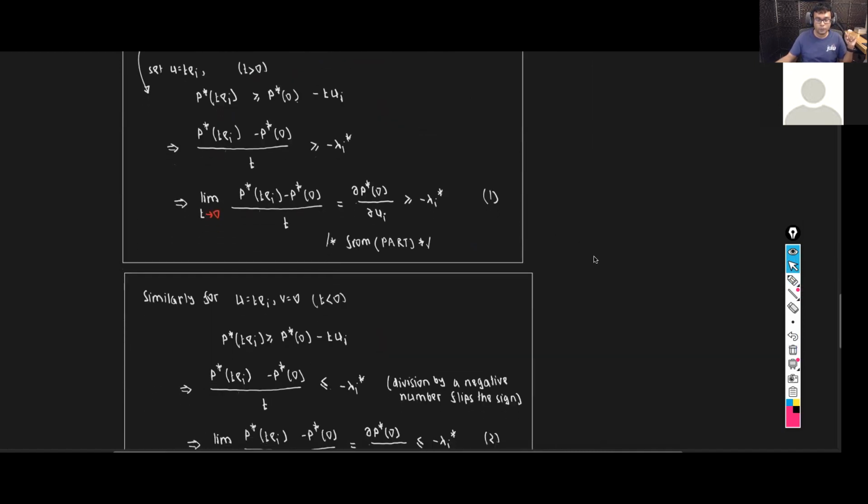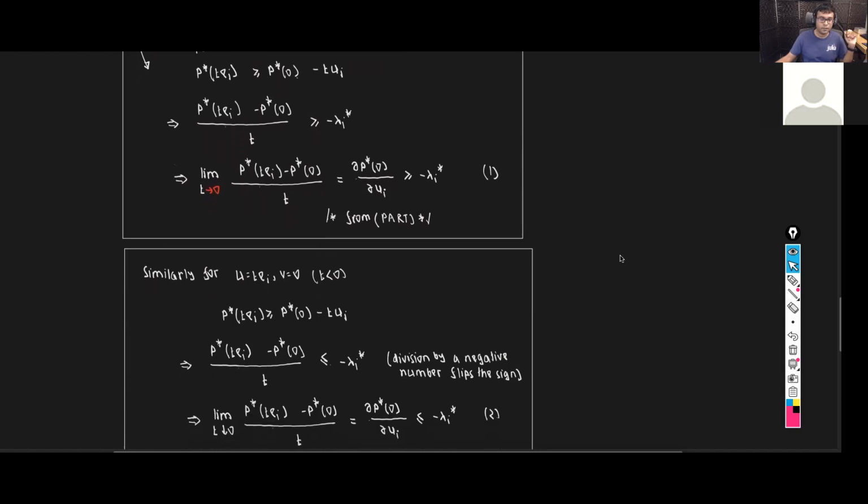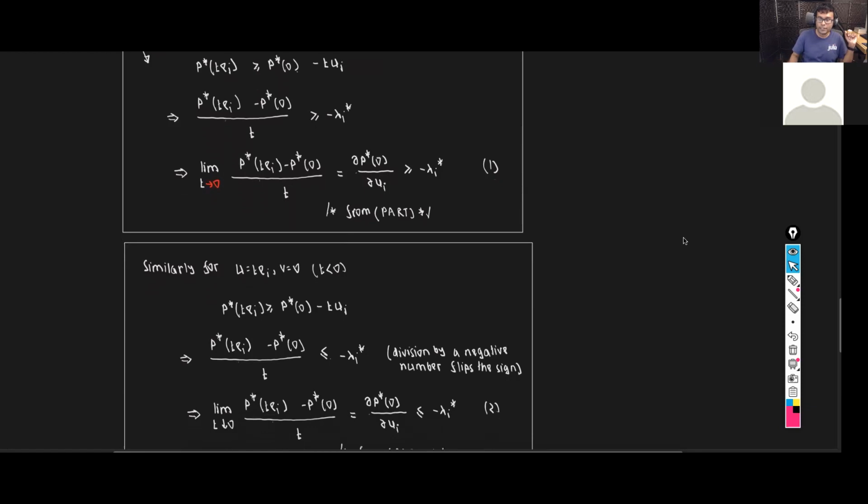Now we are going to consider the other case, where t is less than 0. When this is the case, we start similarly. We take the global inequality and put u equal to t e_i again.